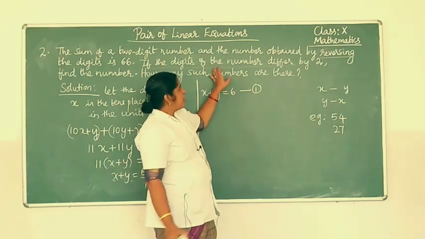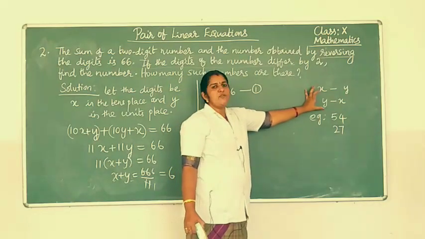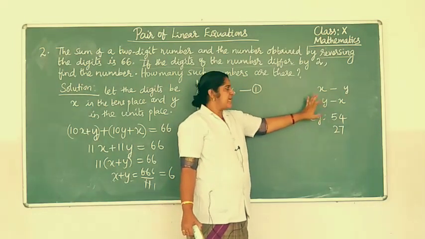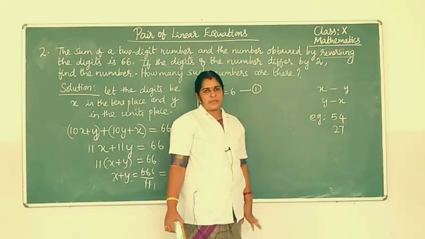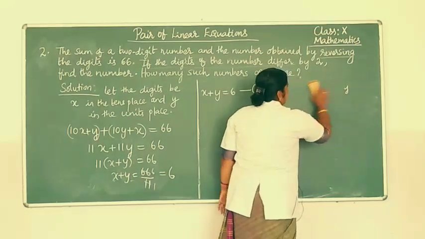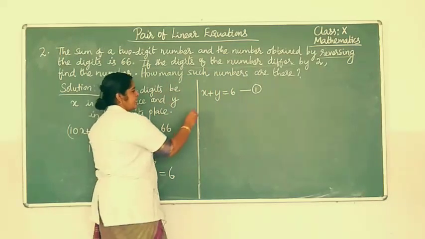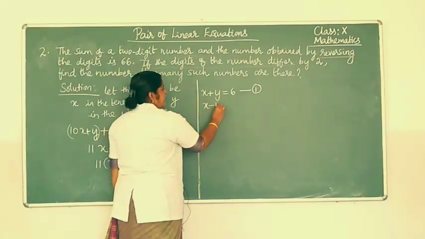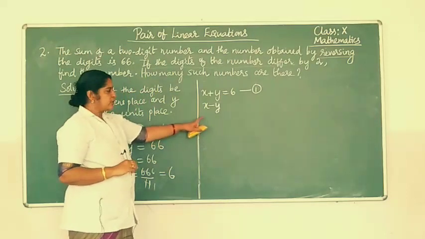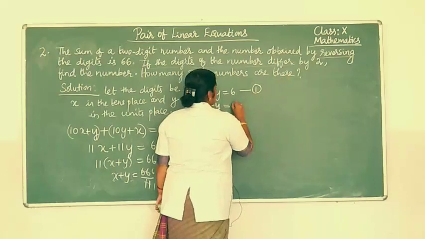Okay. So here, because it is coming the difference between the two digits, we need to consider both these cases, x minus y and y minus x. So first we will go with x minus y. Okay. So what is given? The difference of the two digits. First we are considering x minus y equal to, what is the difference given? 2.